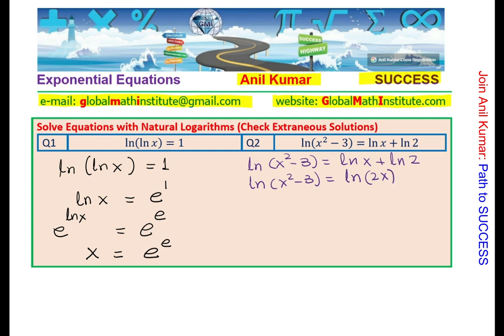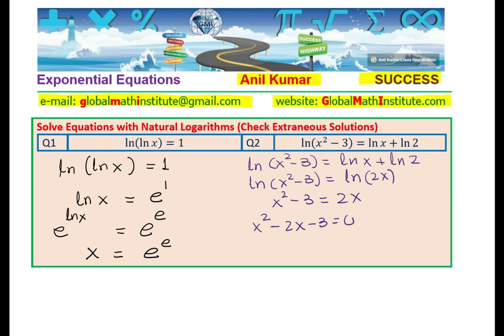Now, for this equation to be true, x square minus 3 should be equal to 2x, correct? So that becomes a quadratic equation. We could rewrite this as x square minus 2x minus 3 equals to 0.